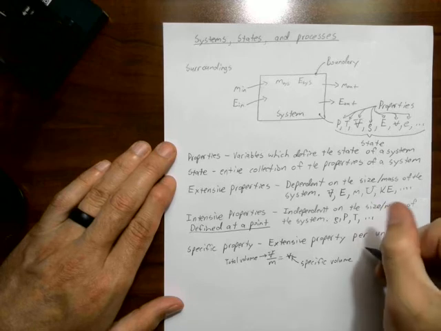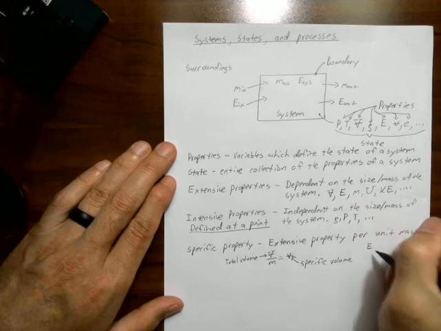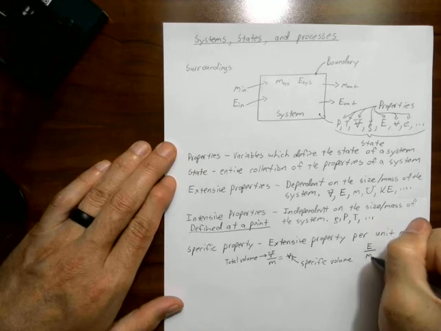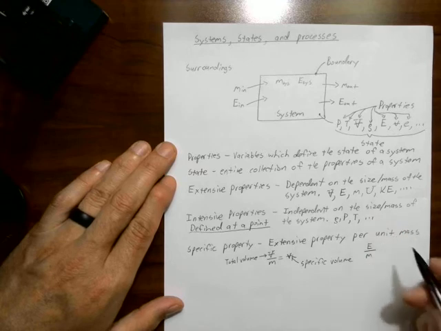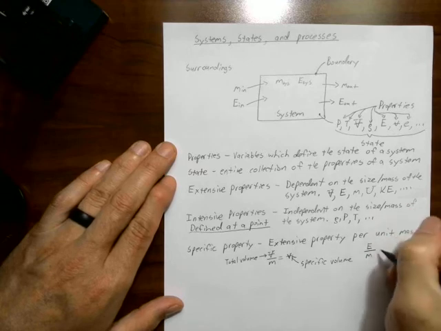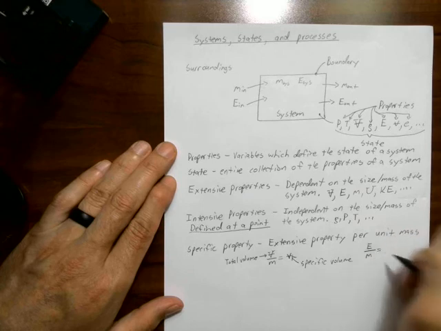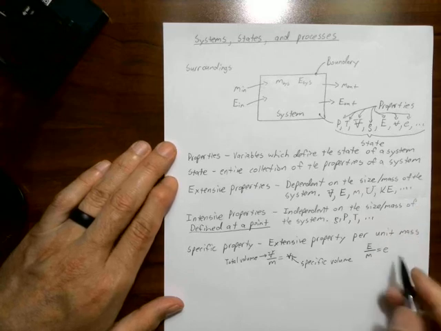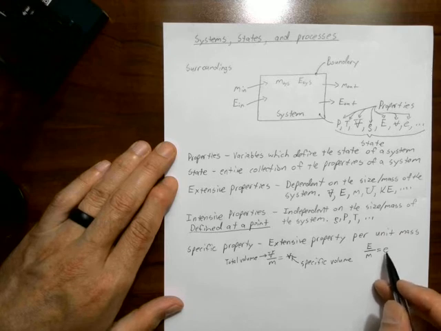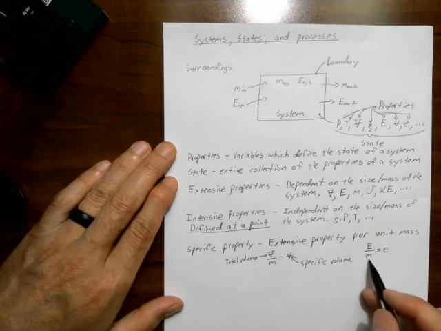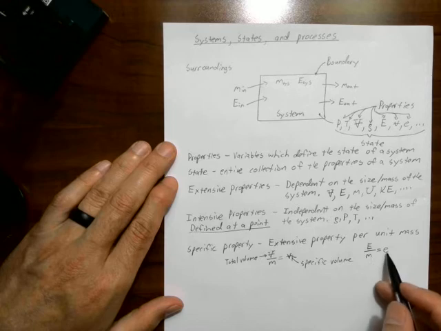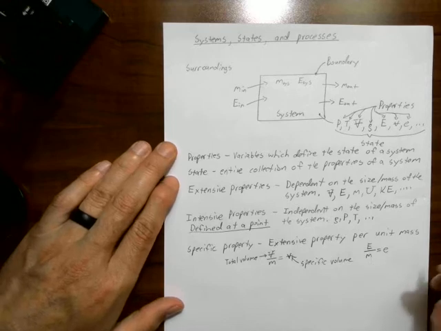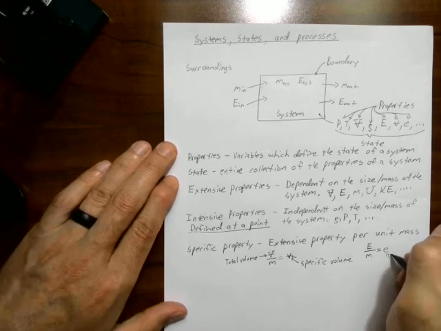The same thing goes for energy. I have the total energy divided by the total mass, in the limit at least, and this is given by the specific energy. So if I have an extensive property per unit mass, I get an intensive property, which is a specific property.